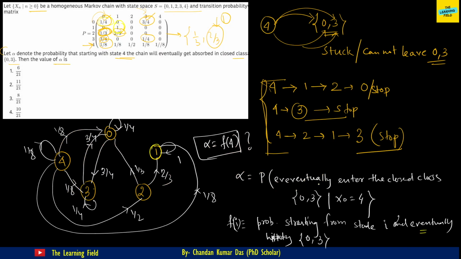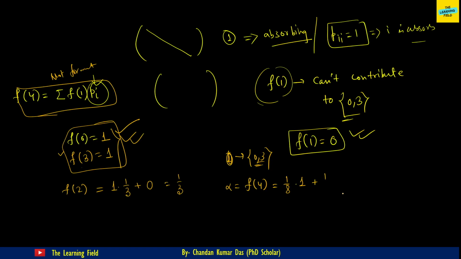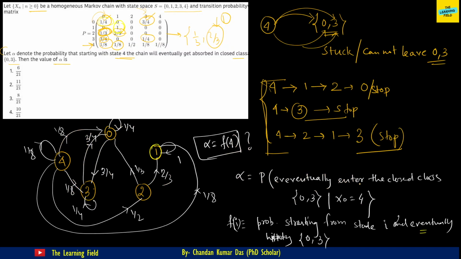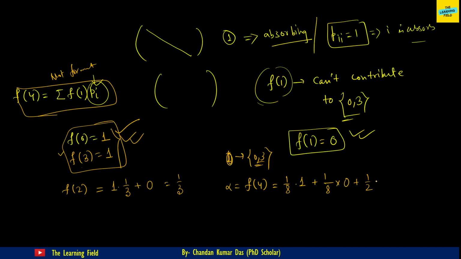Then 1 by 8 into f1, and f1 value is 0. Then 1 by 2 into f2, and f2 value is 1 by 3, which we already found. Then f3 into its probability, and this also gives 1 because f3 is 1.